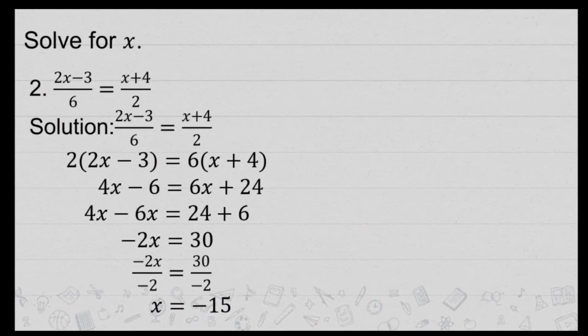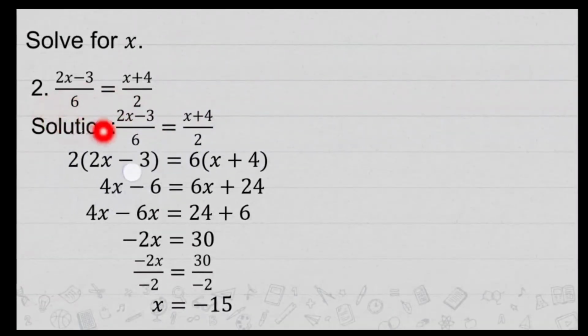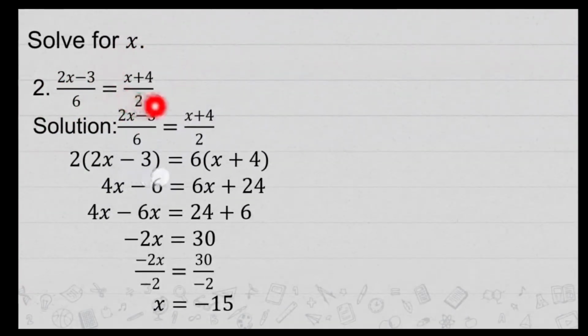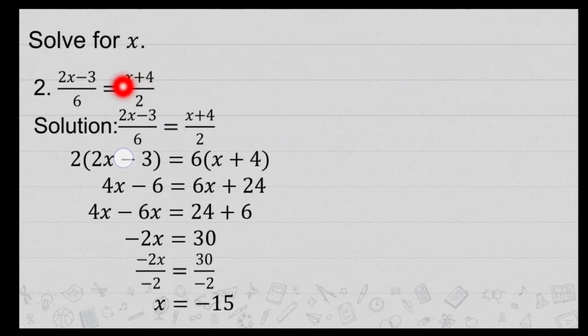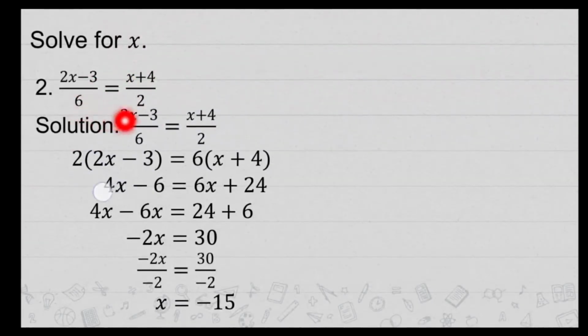Let's have another example. In this example, as you can see, we have a fraction on one side and also a fraction on the other side, so we can use cross multiplication on this equation.